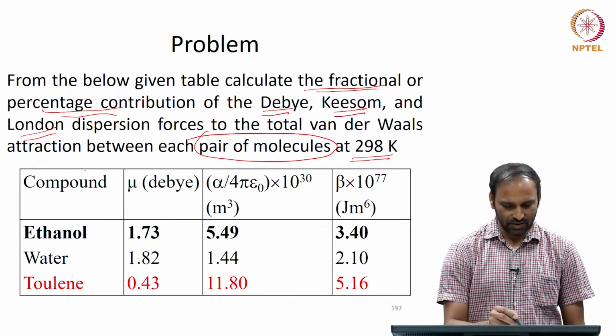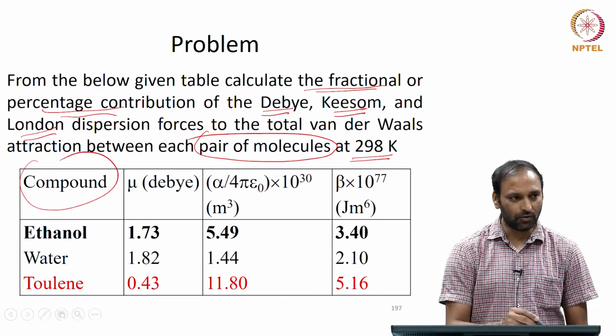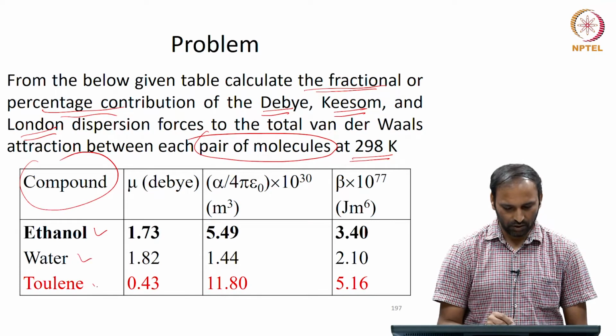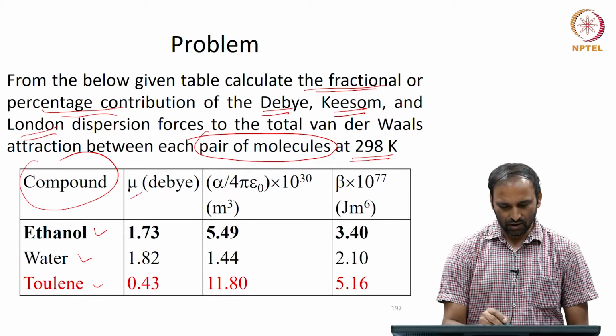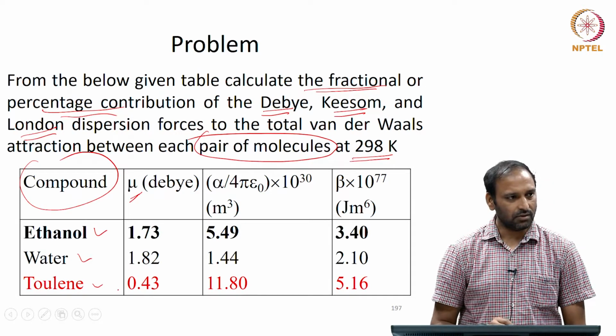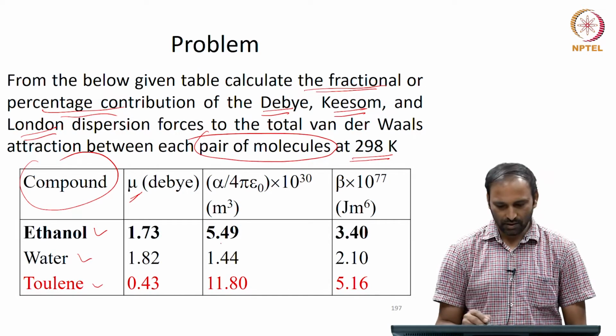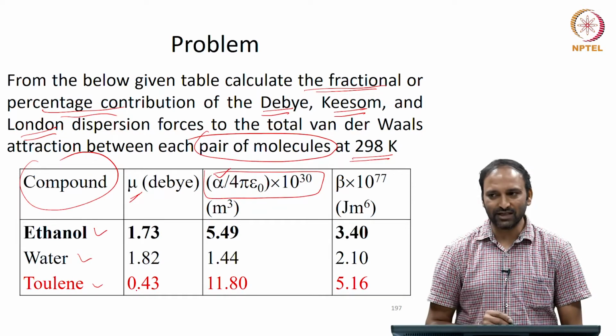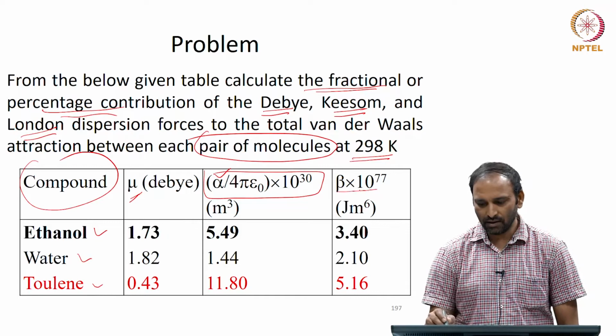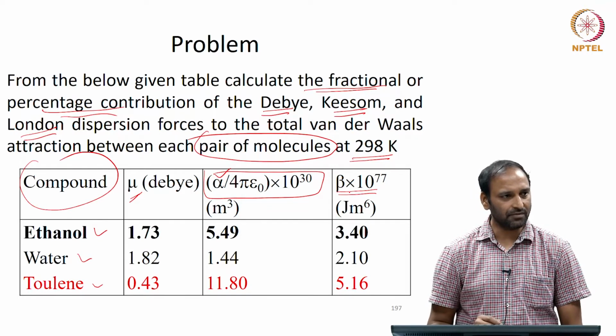So, what you have been given is different compounds: ethanol, water, toluene, 3 cases. And you have been given the dipole moment, and the term that involves polarizability, and beta is also given.